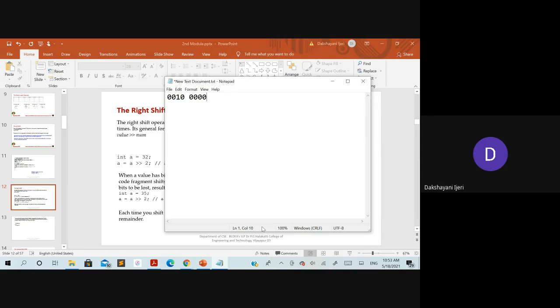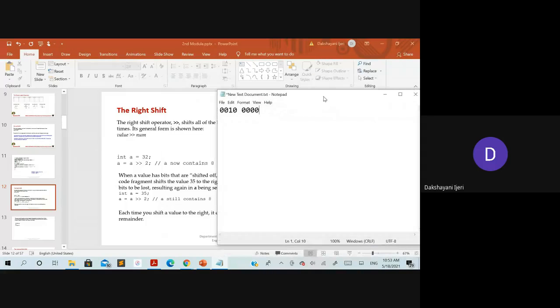Isn't this it? Is it correct, whatever I have written here? Yes, it is the integer 32 expressed in binary in terms of 8 bits.